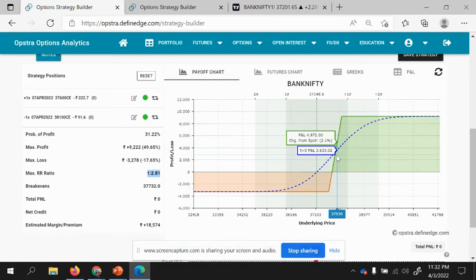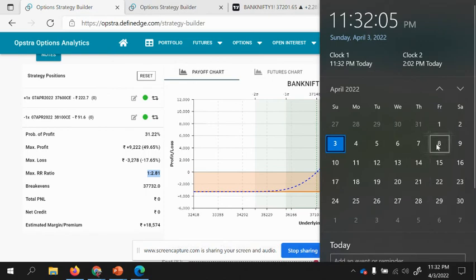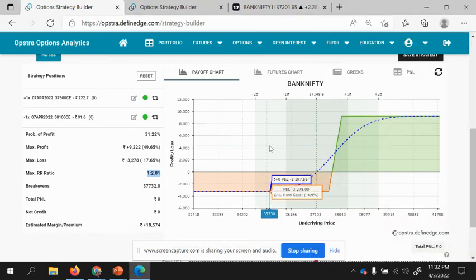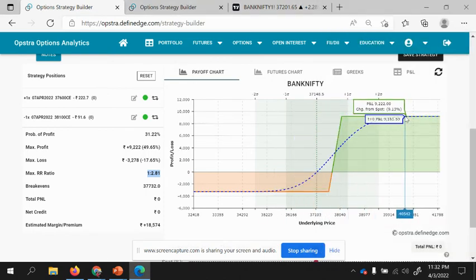Let's say on Monday, your expiry is on the 7th, but the market makes a move of almost 10%. That would not happen, but let's assume we have an upper circuit. If you look at the blue line, you will get close to the full 49% profit.